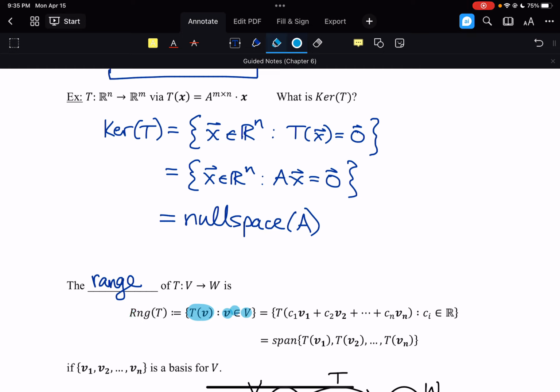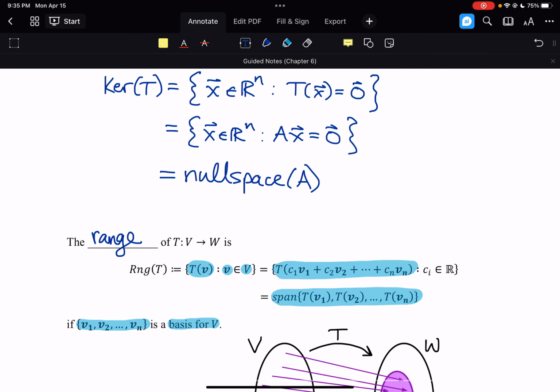It's not the vectors on the inputs, it's the outputs that we get from the transformation. That's what's in the range. So this is going to be the span of this set of transformed vectors, where v1, v2, v3, v4, all the way through vn is a basis for V.